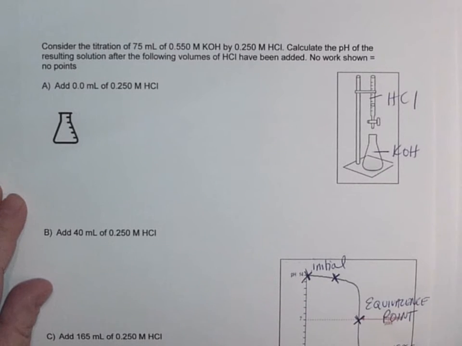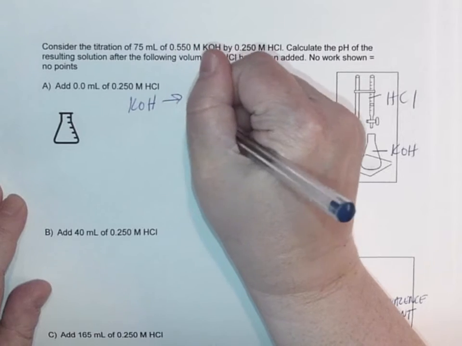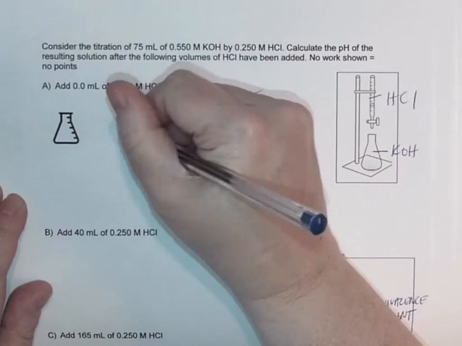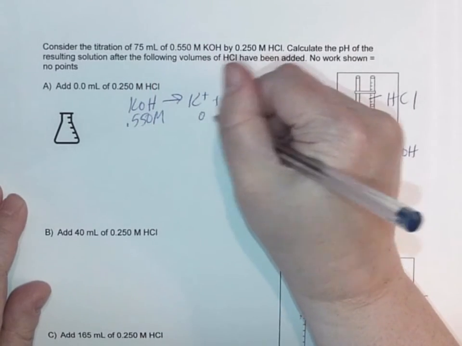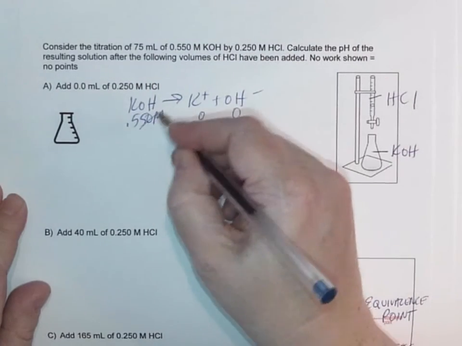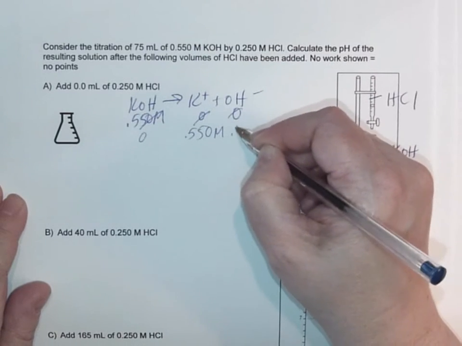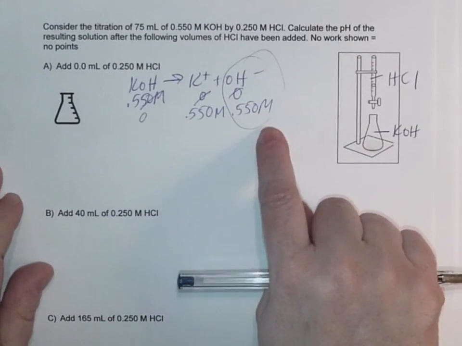So I know it's all going to be a strong base. So it's really the KOH that is in this Erlenmeyer flask. I write that formula just like it was a strong base. Well, it is a strong base. And we know that when it's strong, it 100% ionizes and it becomes all ions on this side. So right away, I can see how much hydroxide concentration there is.